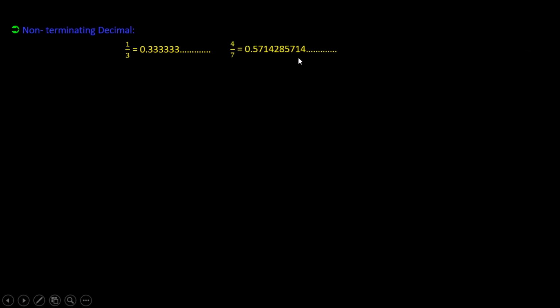Similarly, another example is 4 by 7, where the digits move on up to infinity and there is no end point. Similarly, pi is also a non-terminating decimal. After the decimal point the values move up to infinity, there is no end point.